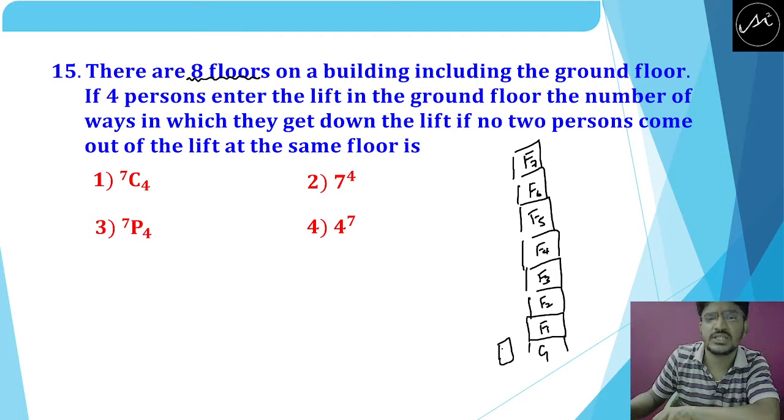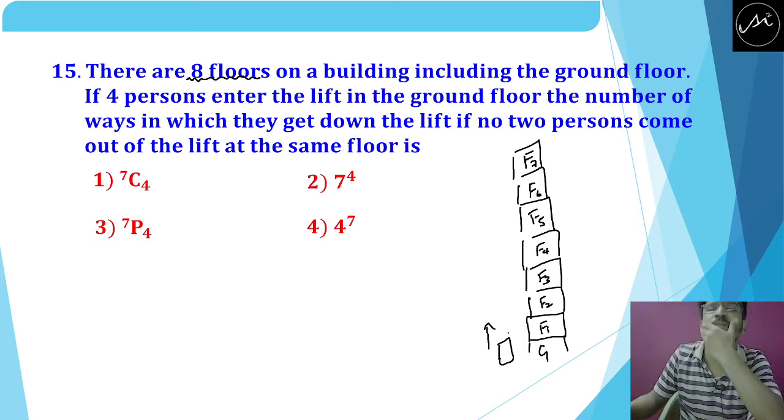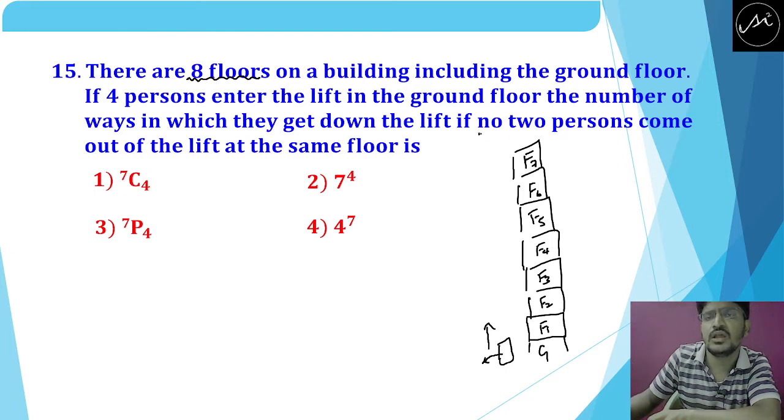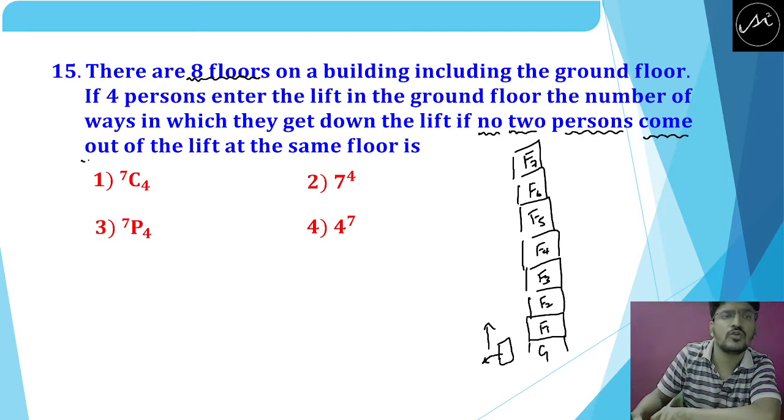Now what is the condition? This lift moves on, and now we have to find the number of ways in which the persons get out of the lift such that no two persons come out of the lift at the same floor.